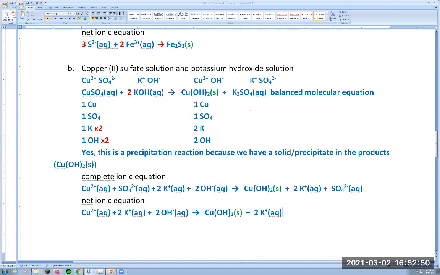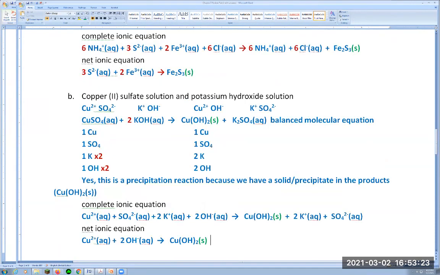And then we have 2K plus on the right and 2K plus on the left. And the rest is different. And it shows how copper will mingle with the hydroxide ions to make the copper hydroxide. And you need 2 hydroxide ions per copper. And so the net ionic equation really shows you that this is a precipitation reaction because you had a mixture of ions and now they are forming a solid together. And so that answers question 5b.